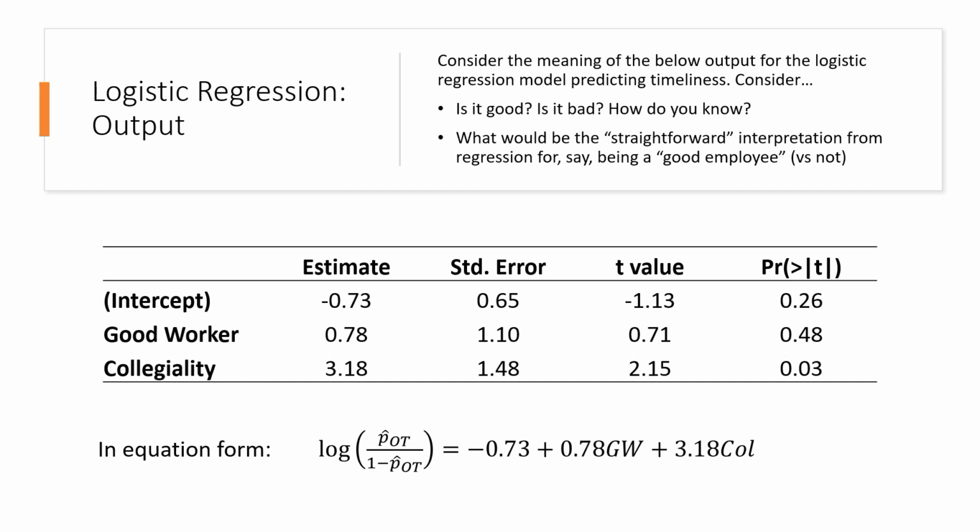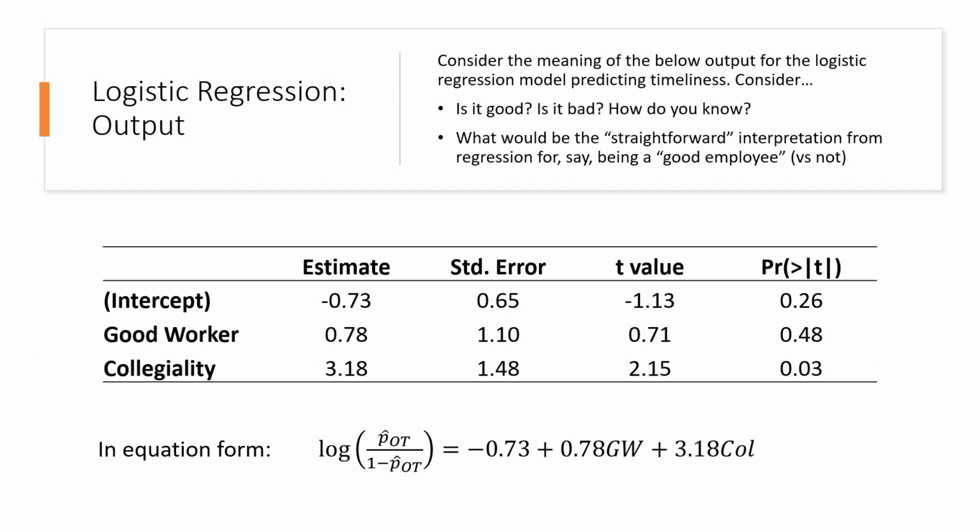If I were trying to interpret this in the classic regression way, I'd say for good workers, the log odds of being on time increases by 0.78 for being a good worker. For collegiality, the log odds of being on time goes up by 3.18 for every point increase on the collegiality scale.